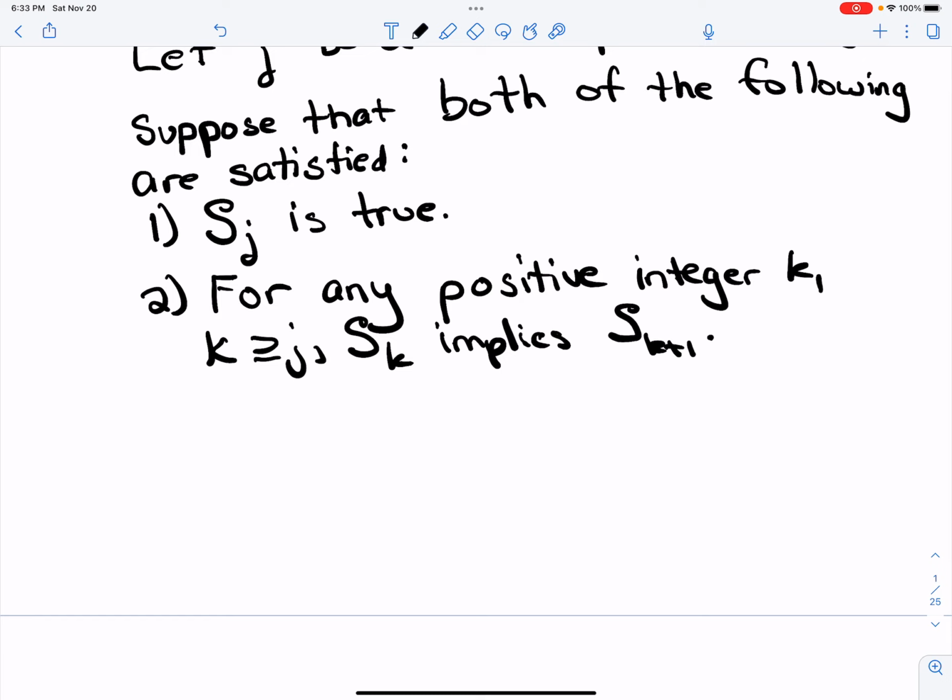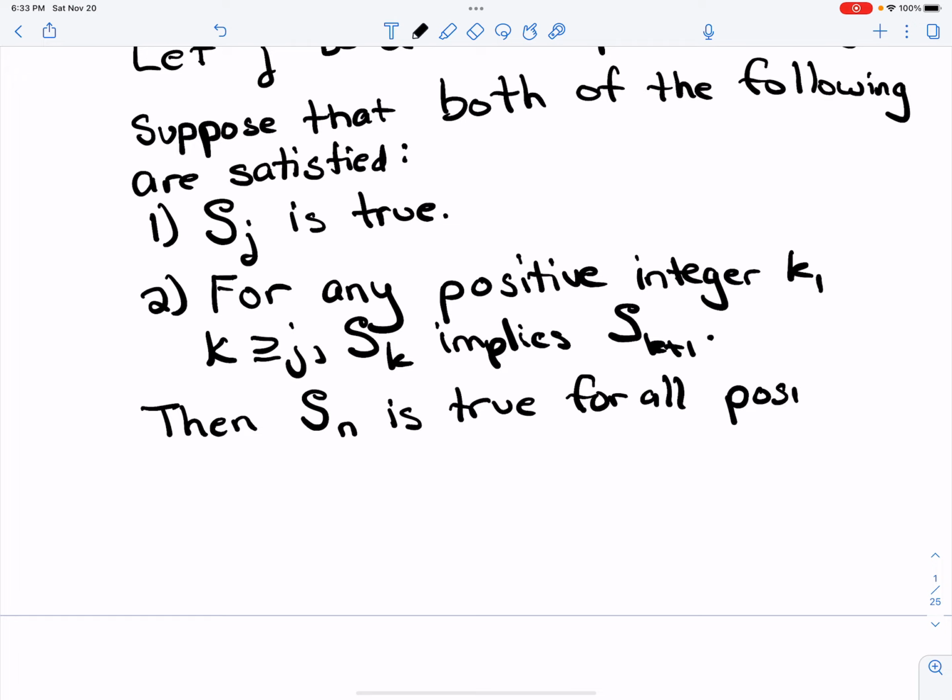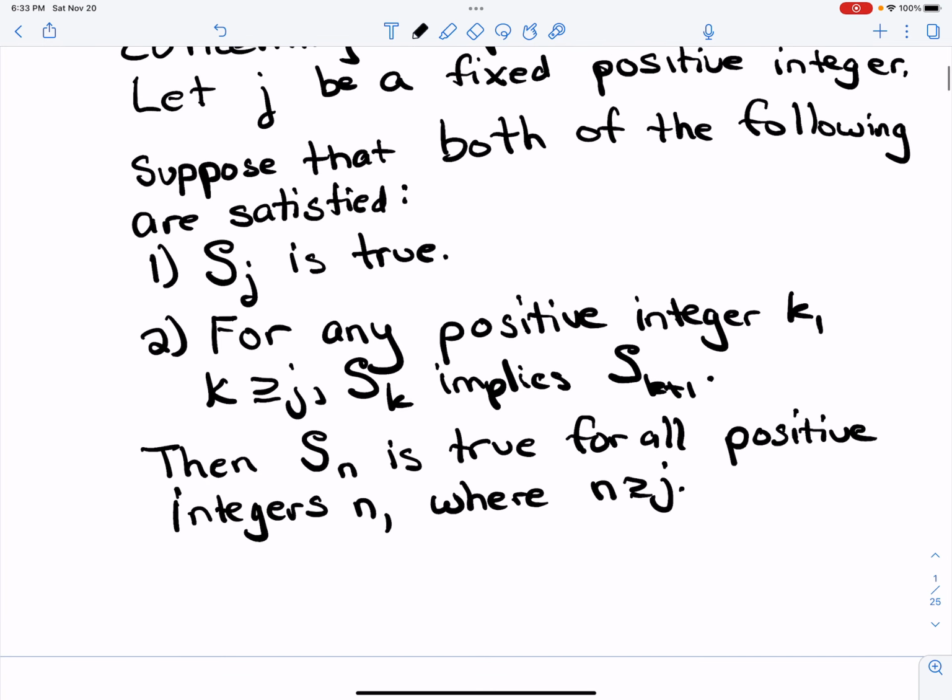And if those are both satisfied, then you can say that S sub n is true for all positive integers n, where n is greater than or equal to J. Okay.